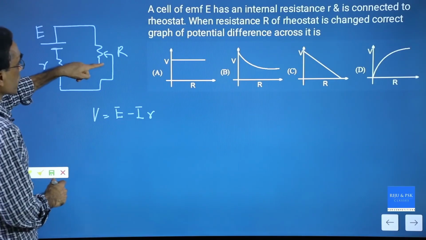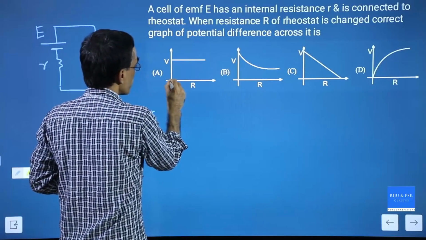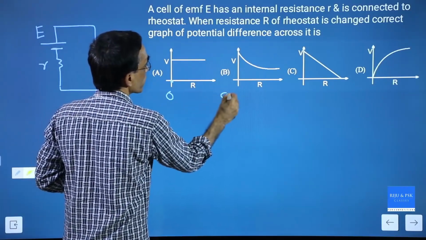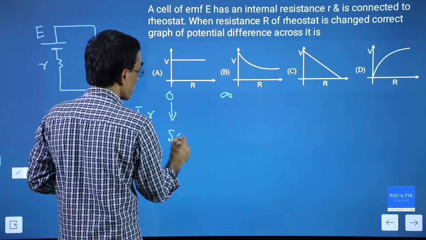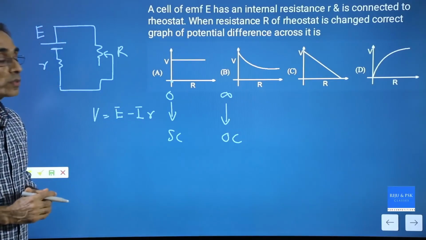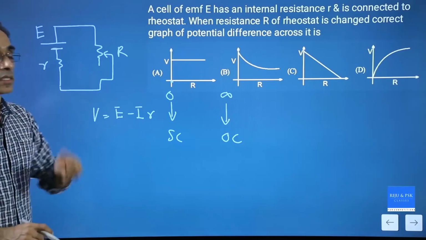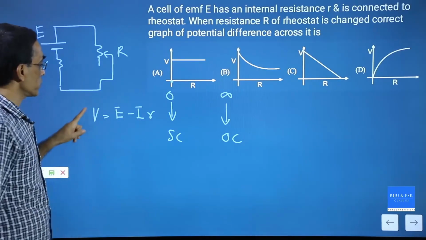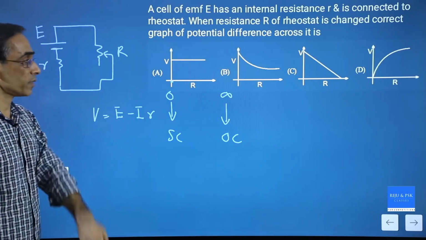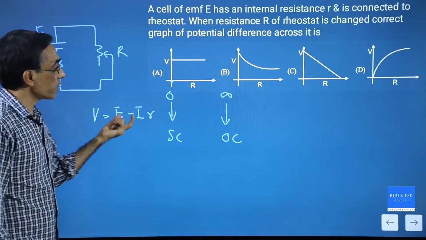Now when you vary this resistance, you see the graph, the resistance can vary from 0 to infinity. 0 means short circuit, infinity means open circuit. Which of the graphs will be the right answer? V equal to E minus Ir cannot be used directly because R is missing.